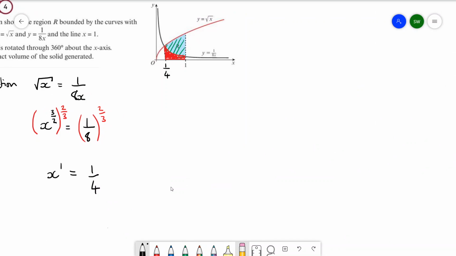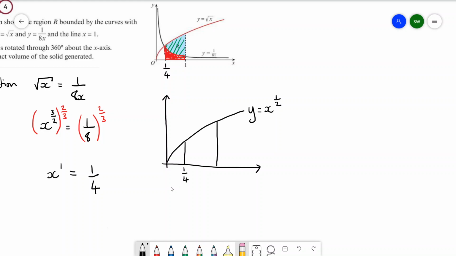So the first thing that we're going to do is rotate that green area that I drew on around the x-axis. So the green area is bounded by this red curve here, with the equation y equals, I'm going to write it as x to the power of a half, or y equals root x. And we're going to rotate it between x equals a quarter and x equals 1.